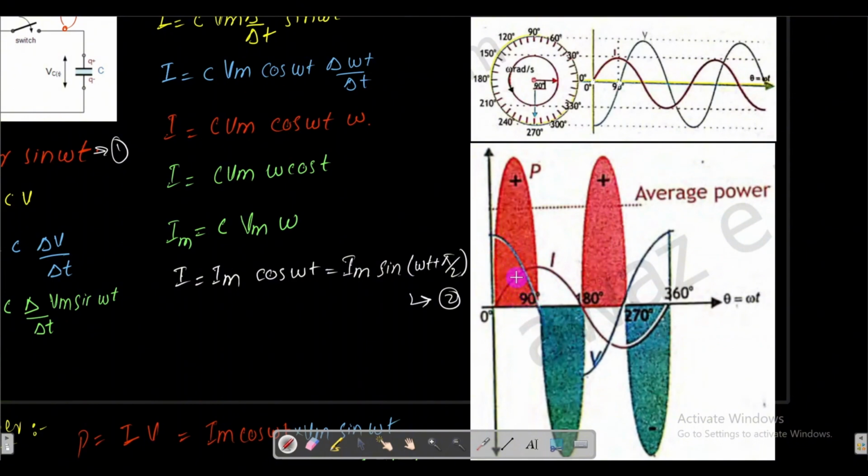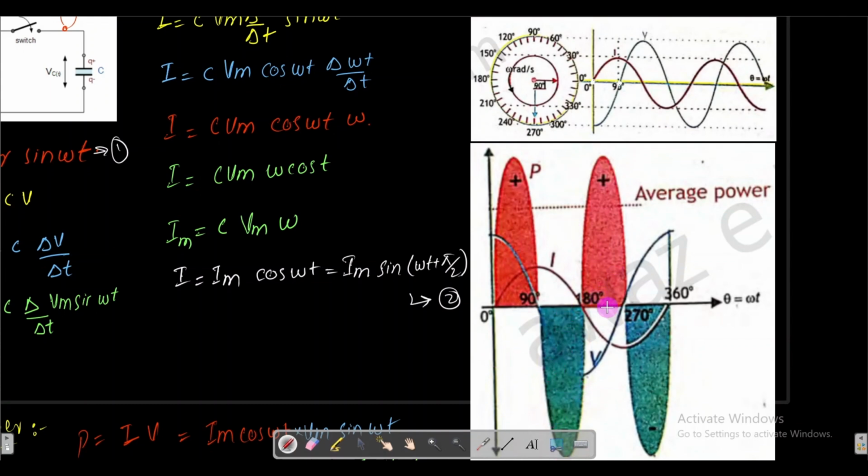If we multiply positive with positive, it will give us a positive value, and here the power is maximum. Similarly here the voltage is negative and the current is positive. If we multiply negative with positive, the answer will be negative, and this shaded region is the power, with the negative sign.